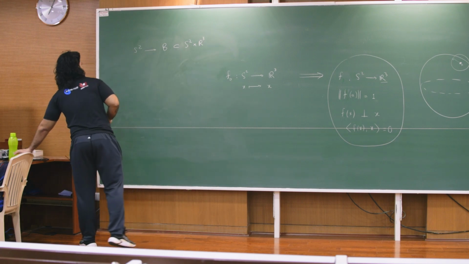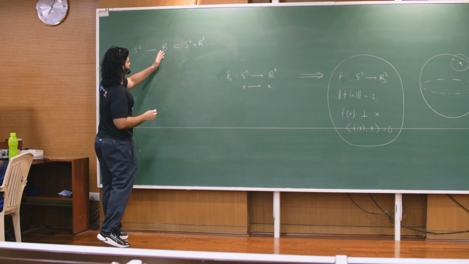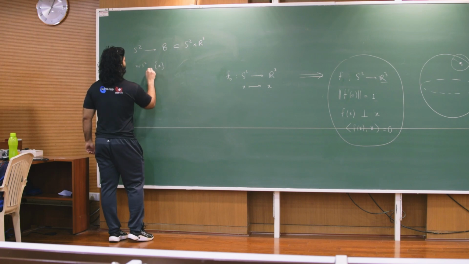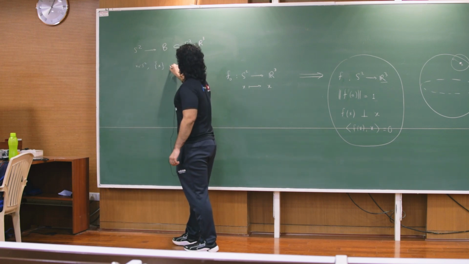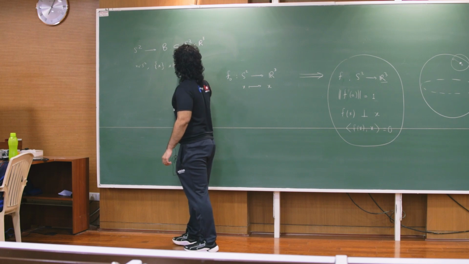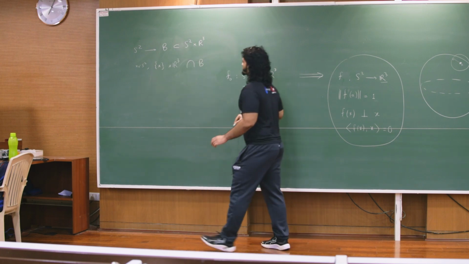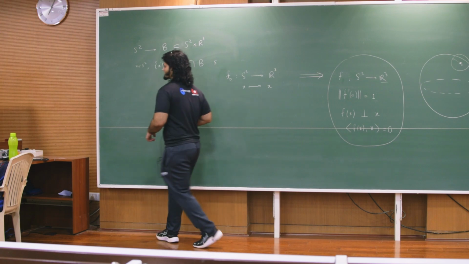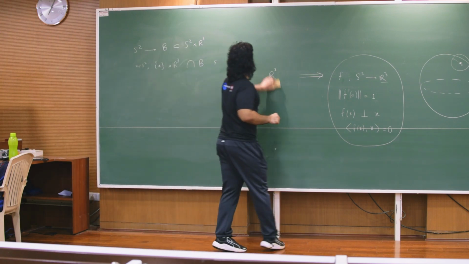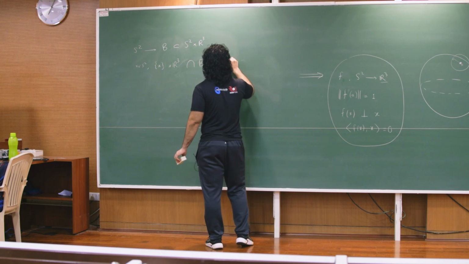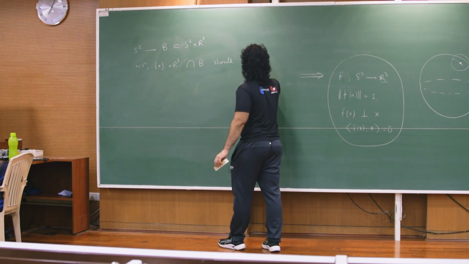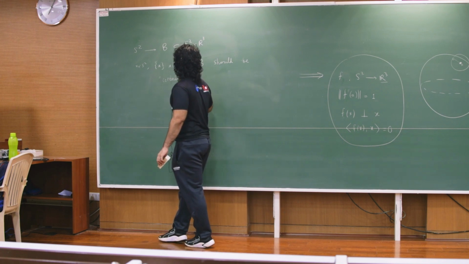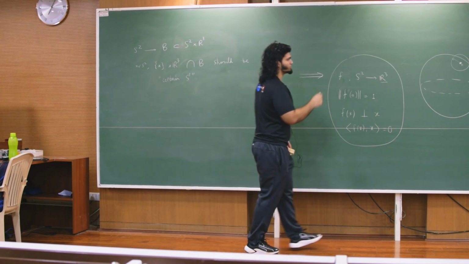What B is doing is that if I take any point x in S2 and look at x cross R3 intersection B, this is one slice of B, and this space should be the certain S1 that I mentioned over there.